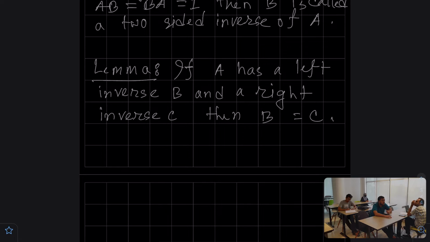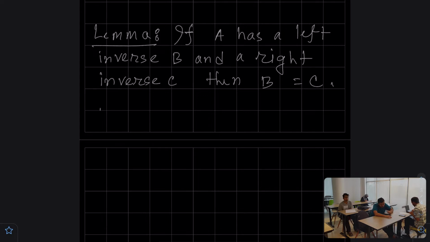We can show that these two are equal. Exactly. So we take BA equal to I and CA equal to, then we multiply both sides with A inverse. But you have to consider the inverse from the left or right. Yeah, so that's why there is a problem.